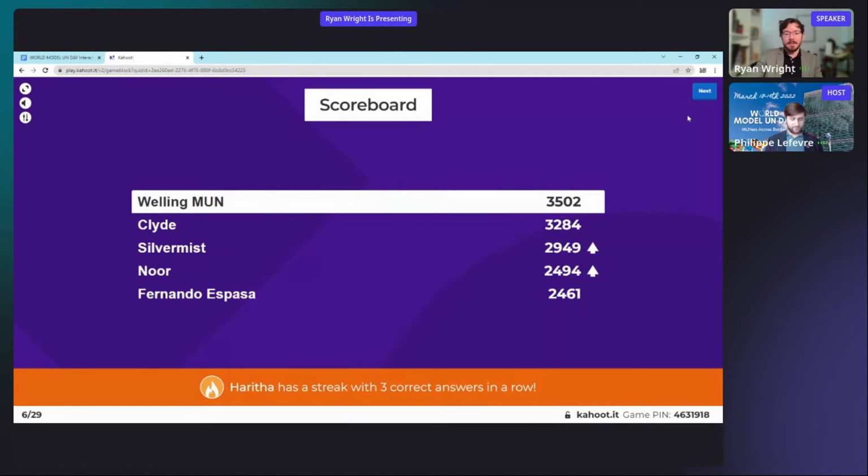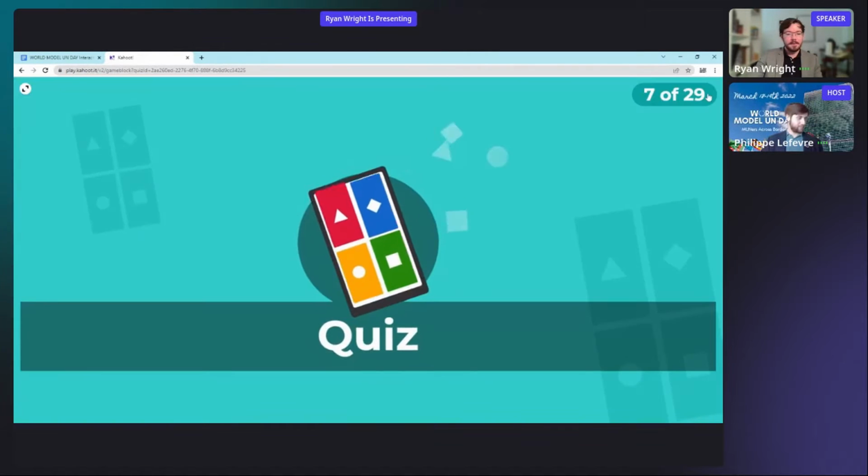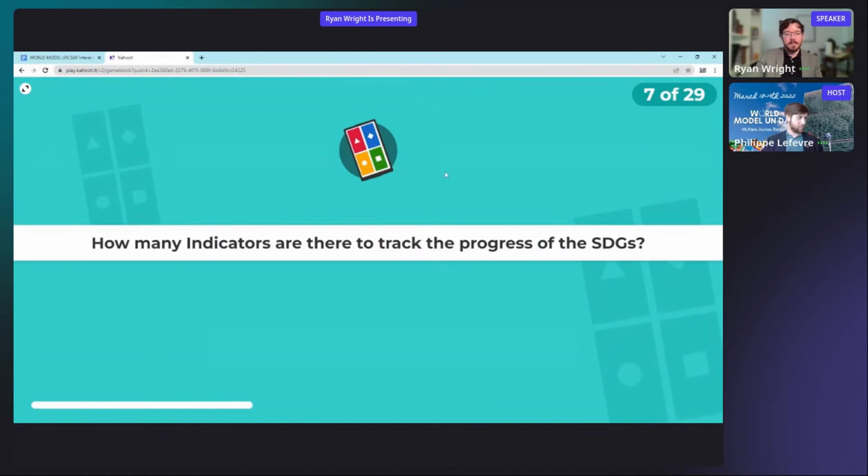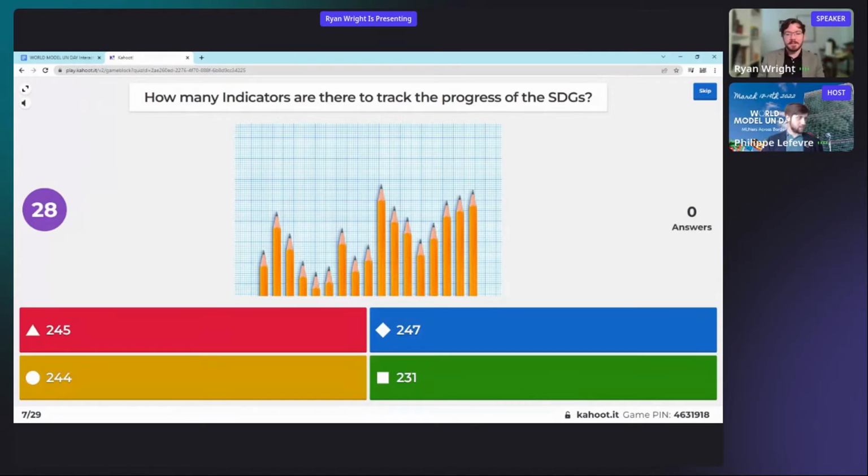Wellington still keeping that lead. Clyde not far behind. How many indicators are there to track the progress of the SDGs? Oh my God, Ryan, you are kidding us right now.